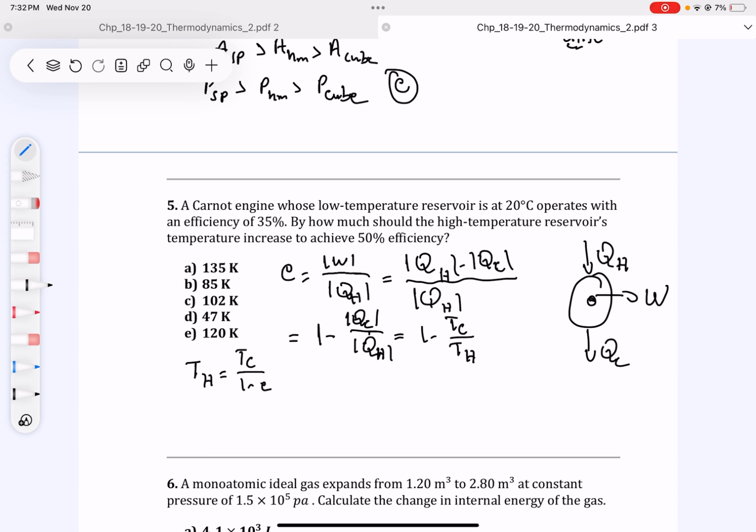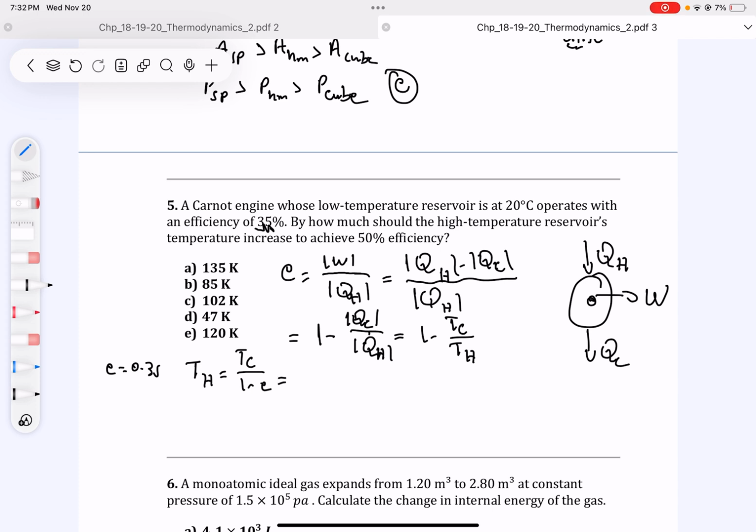It's not important. We can solve it normally by this, but this is just new information that I give you. For E equal to 0.35, for 35%, we get TH.